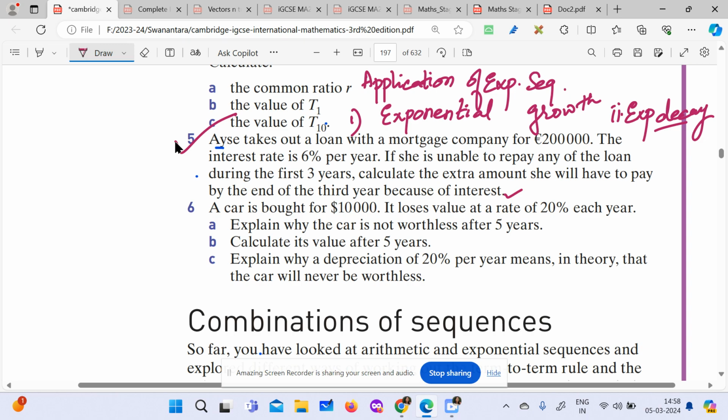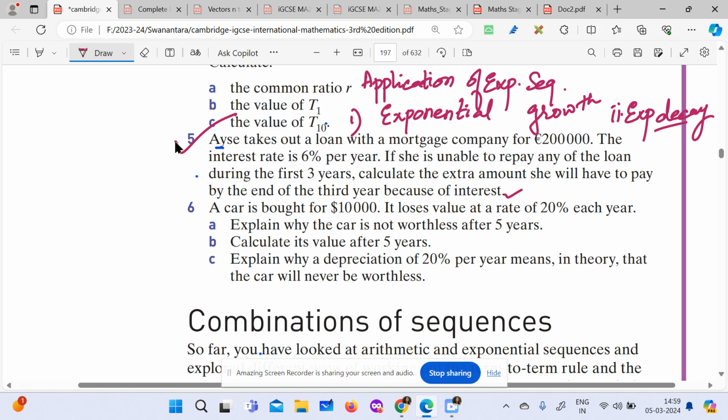When we talk about exponential decay, something like machineries we buy, day by day, year by year, its value decreases. There is depreciation in the value of machineries or any vehicle, where with time the value depreciates.